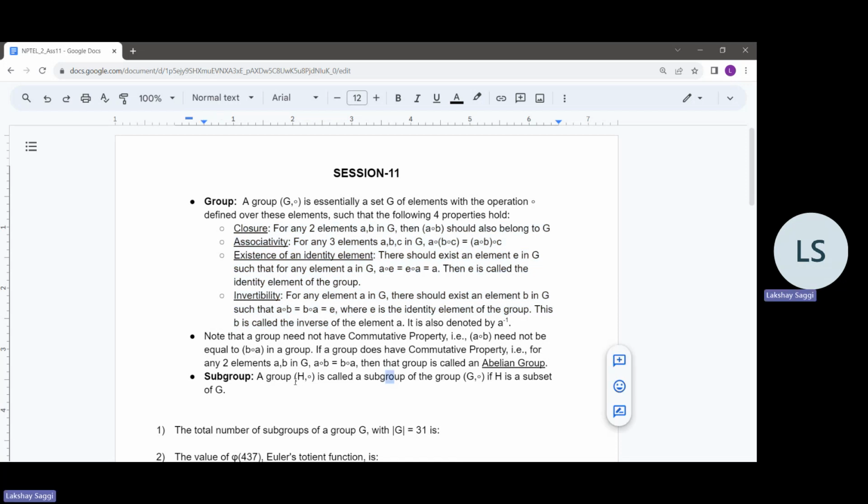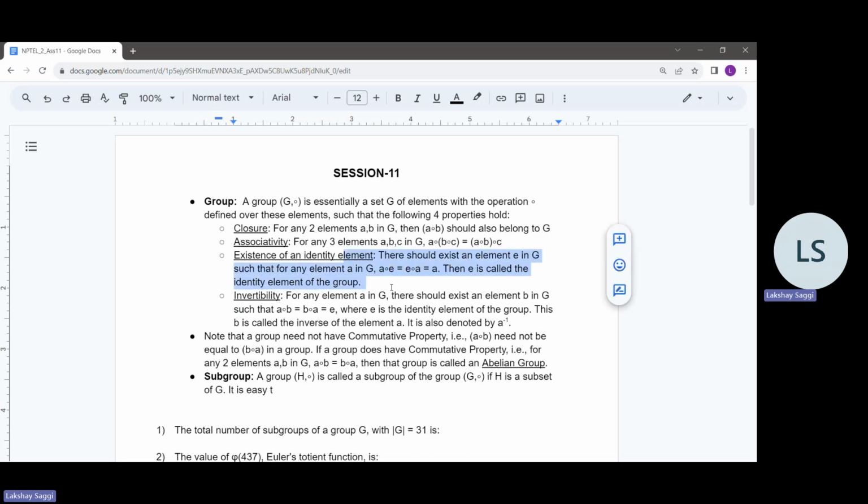Note that H,∘ should be a group to be called a subgroup first of all. So these four properties should actually hold, and only after that can we say that this is a subgroup. One thing to note is that it is easy to see that there is an identity element in a group, right?